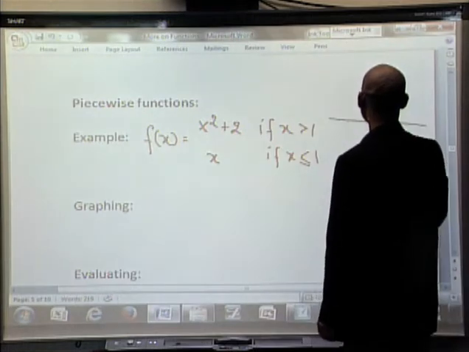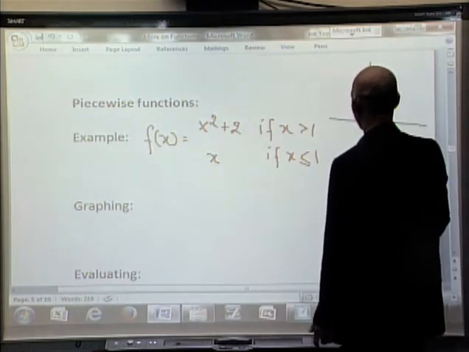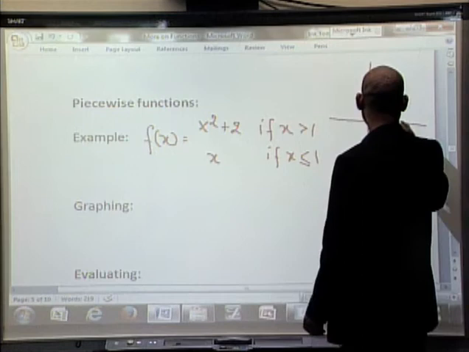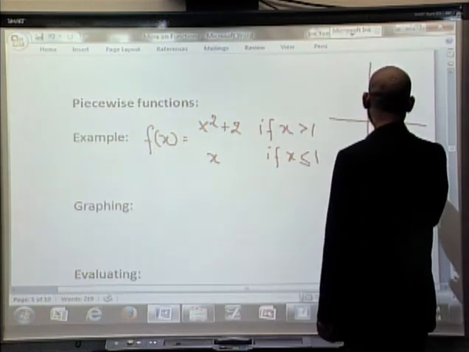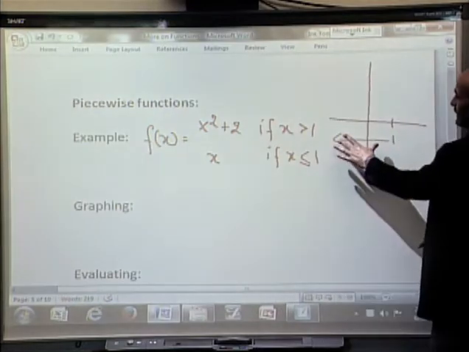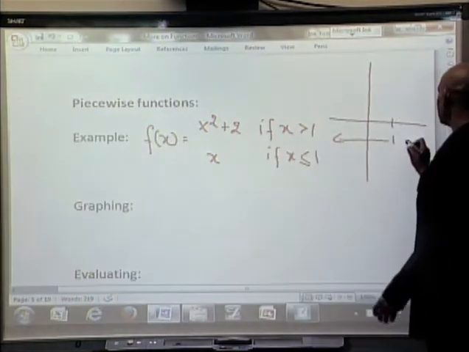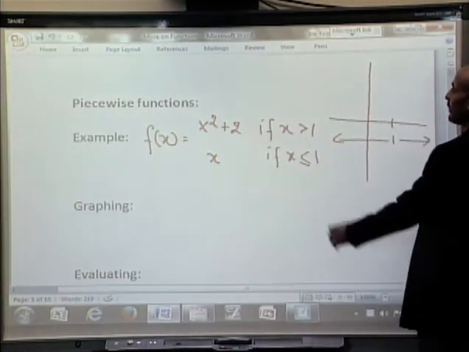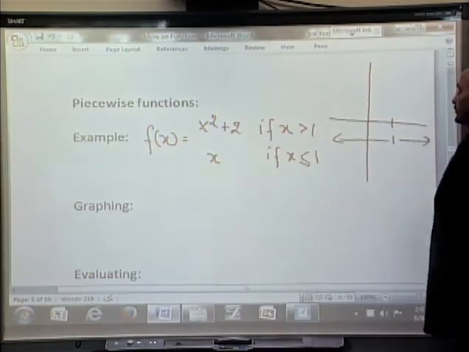So, if we are thinking of graphing this function on paper, so if this is 1, there is some formula if x is less than 1. There is one formula here, basically x, and there is another formula if x is more than 1, basically x square plus 2.